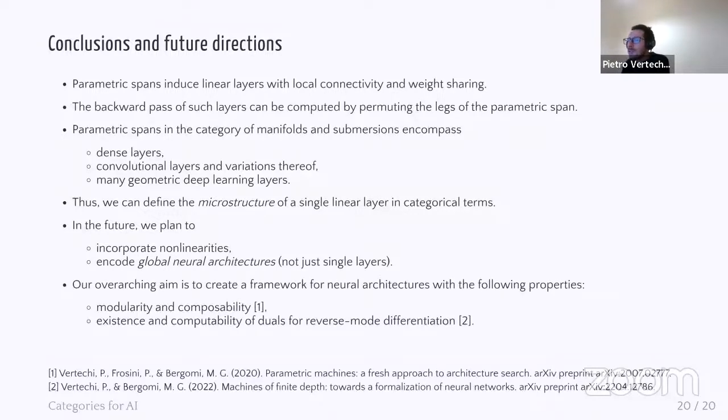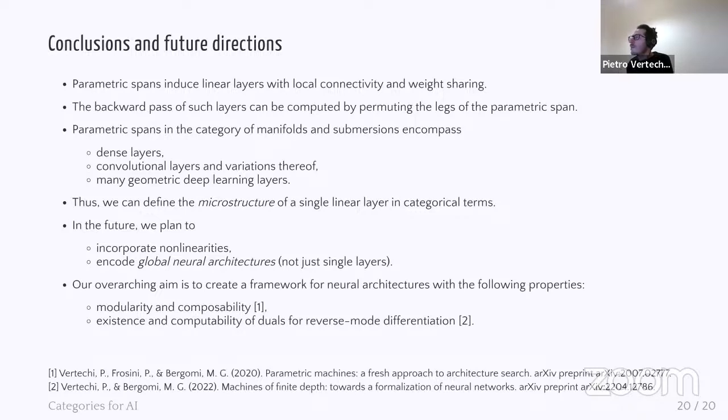And finally, I wanted to put this work in perspective within a broader work that Mattia, Bergomi, and I have been doing in the past few years, where we have attempted to create an overall framework for neural architectures with the following properties: modularity and composability on the one hand, and existence and computability of duals for reverse mode differentiation.